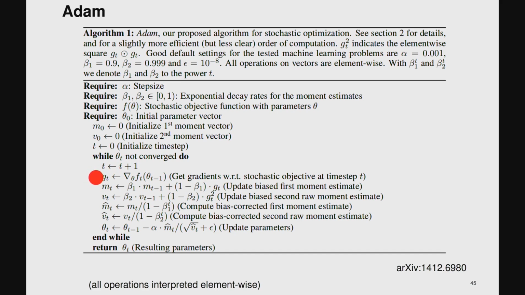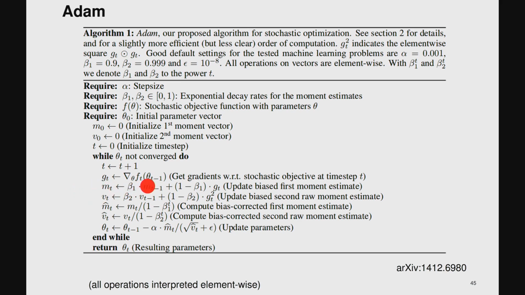You get the gradients of the previous iteration, and then you have a first momentum, and the first momentum is like the velocity or the momentum of your speed, and you have a kind of second momentum.